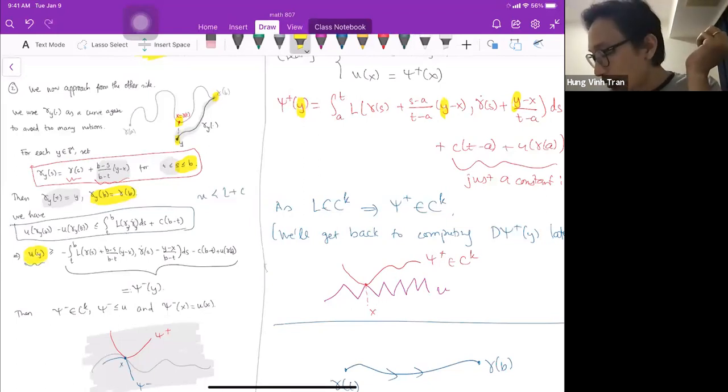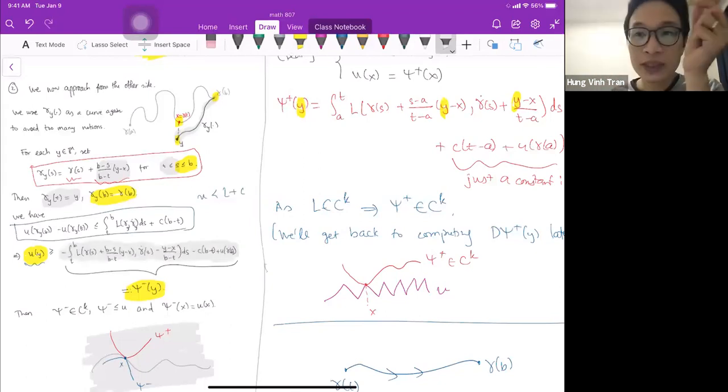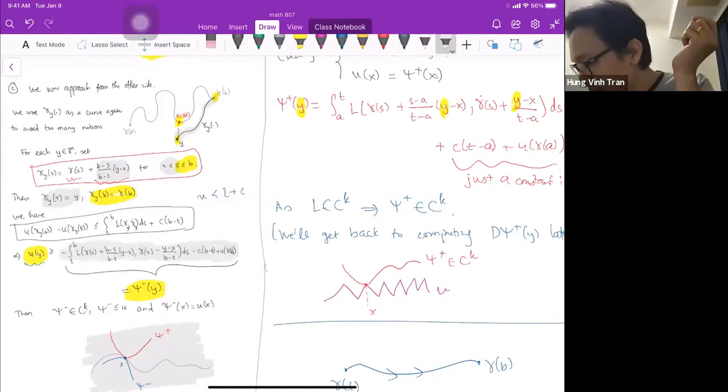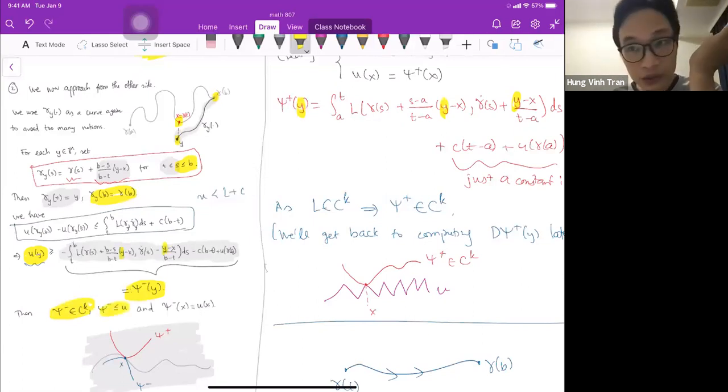I define the right hand side to be c minus, right? And you can see that y does occur in the position and velocity variables. I mean, you can see y here and y here. You can differentiate k times because L is C^k. So we have the function c minus, which is C^k, right? c minus is always less than or equal to u.